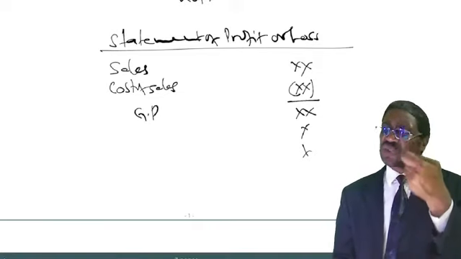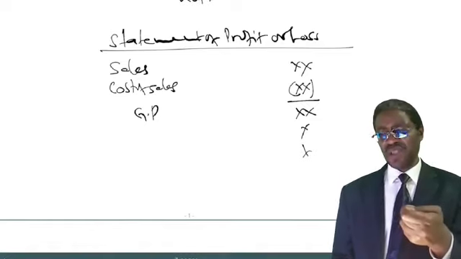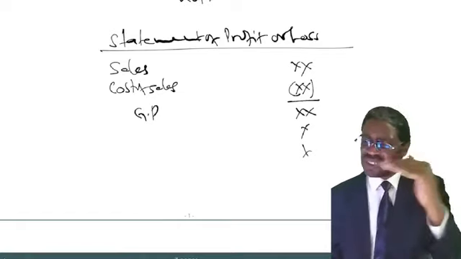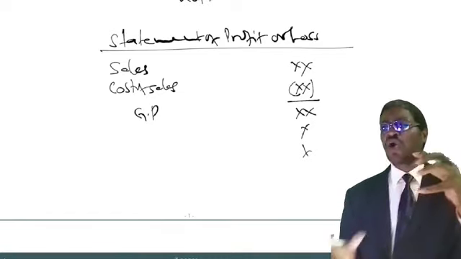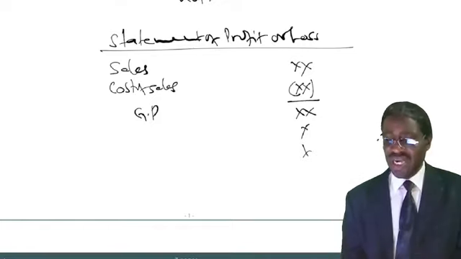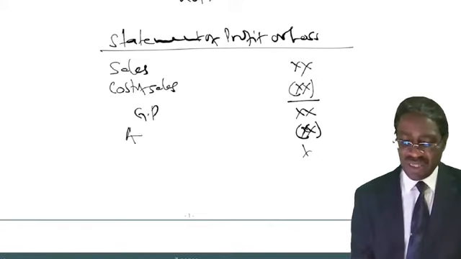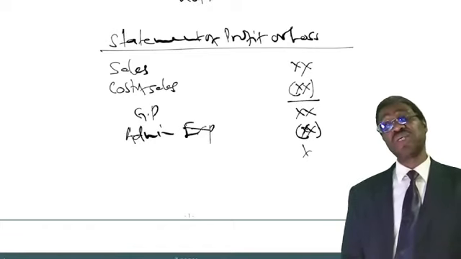So if your expense is one of administration in nature, then you classify all of them, combine them somewhere, and bring it as a single amount. So you may come and say your admin expenses or administration expenses.